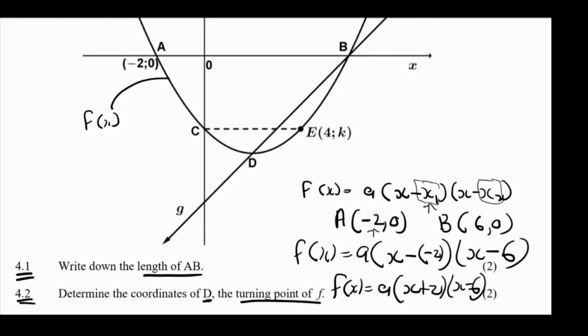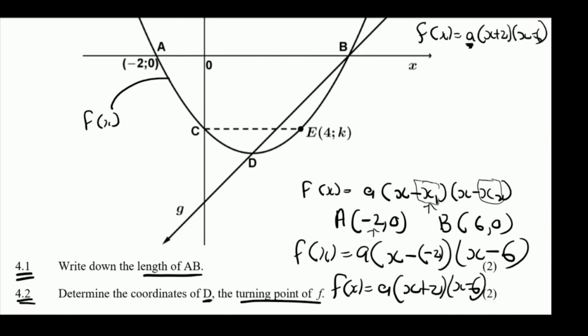So having this equation of f of x equals a into x plus 2, x minus 6, let's substitute a point so that we can find this value of a. An equation is not complete until you find the value of a. So for us to find the value of a, we must substitute a point.